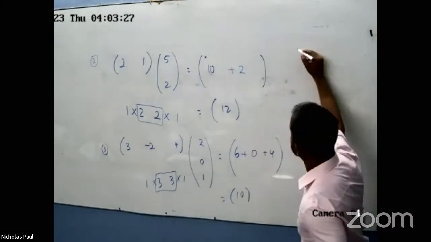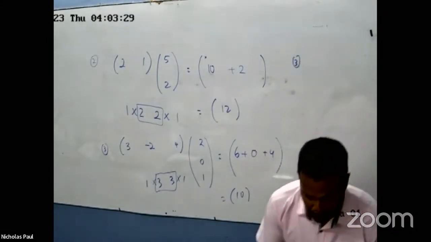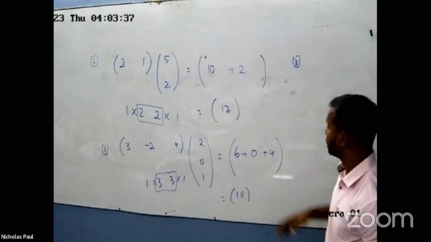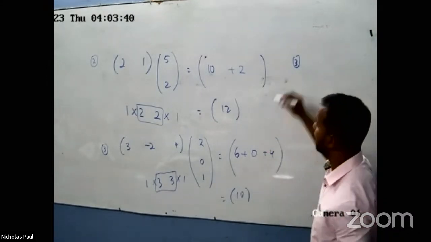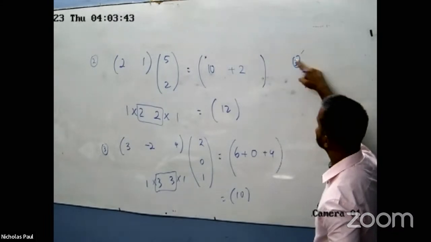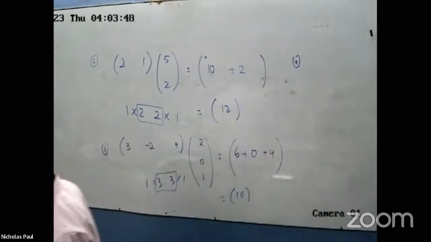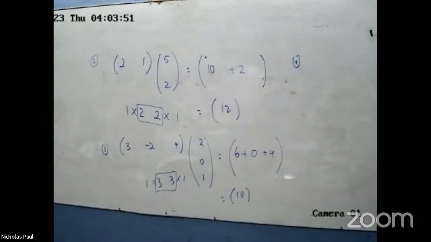Yeah? Let's go again. Copy it down. Number, no, the second number. Number 3 prime. Yeah, I made a mistake. Number 4.